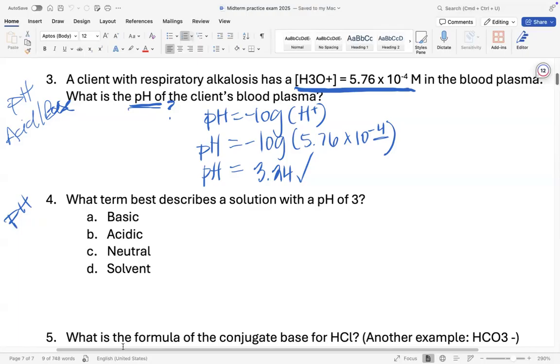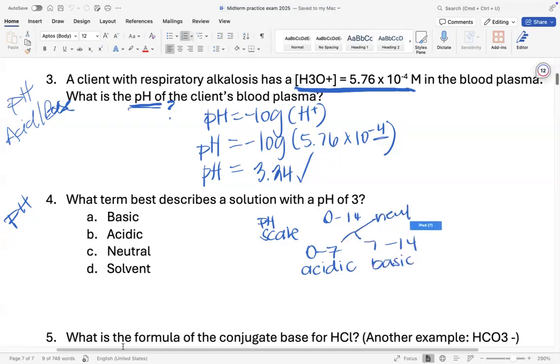So let's remind ourselves what the pH scale is. It's 0 to 14, right? The pH scale, with 0 to 7 being acidic, 7 to 14 being basic, and then 7 itself being neutral. I should have said 0 to 6.99, but I think we get the point.